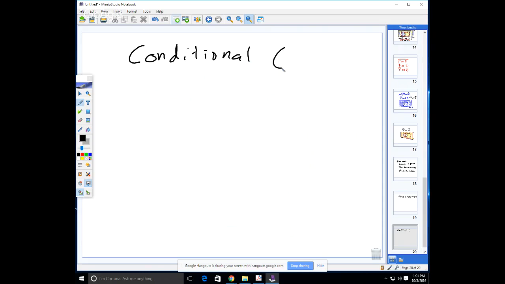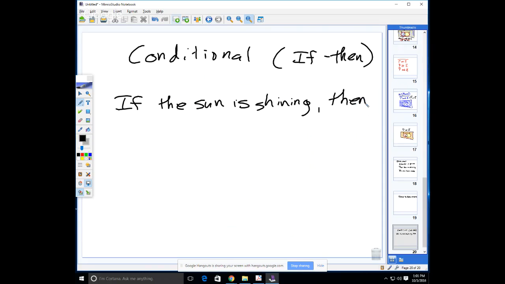Another name for a conditional is if then. So let's see, two statements I had earlier. The first statement could be the sun is shining. Then some other statement like you can have cake.